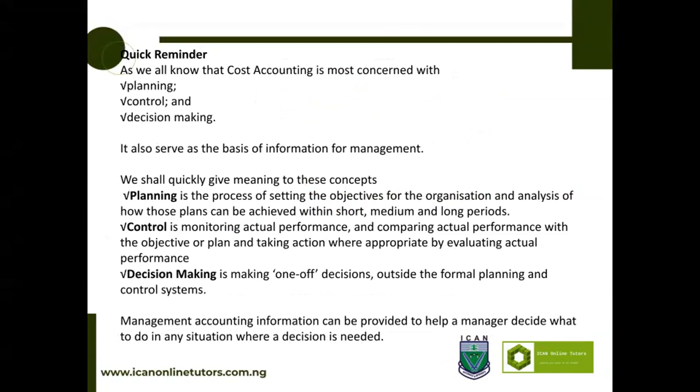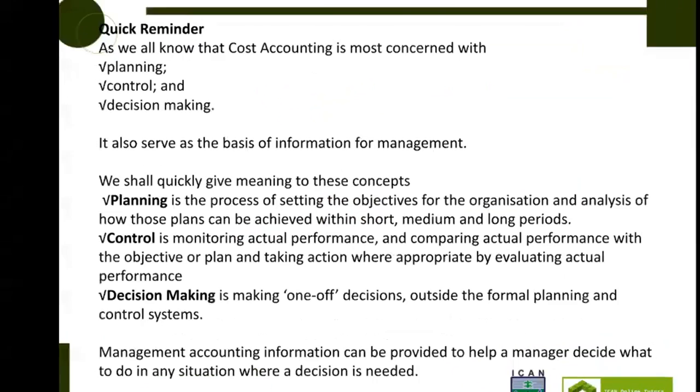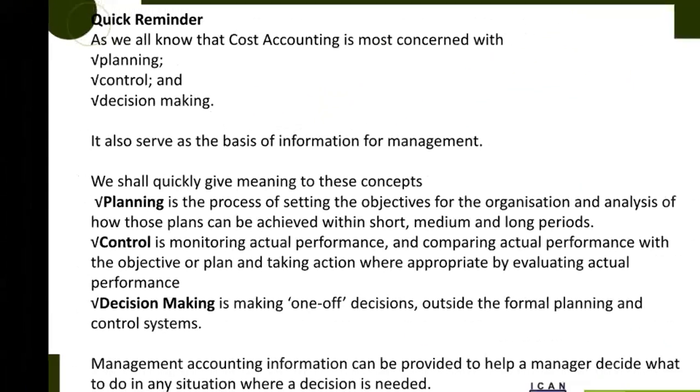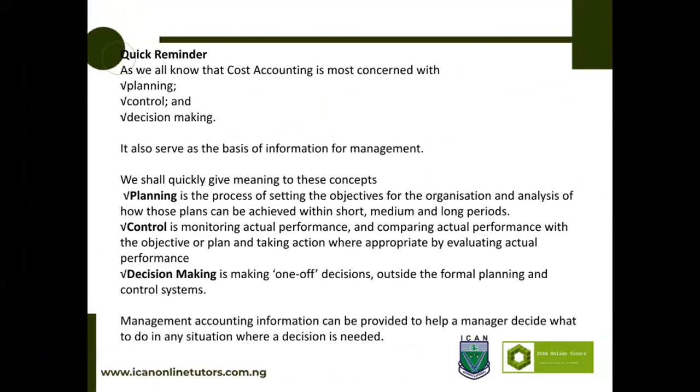Don't forget that I said the cost accounting system is usually for planning, control, and decision making. When we say planning, planning is actually the process of setting goals, setting objectives, having a vision of what you want to do and how you are going to do it.